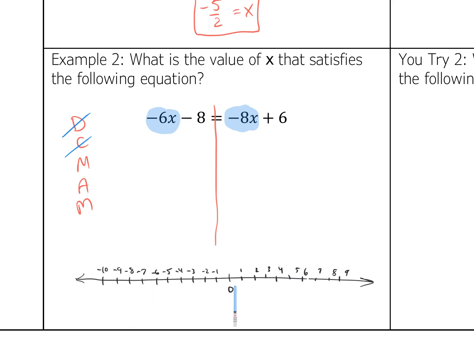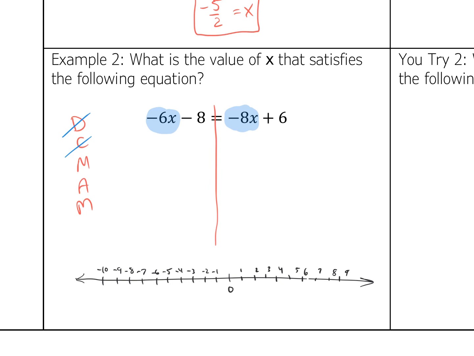So I drew this number line really quick. I have negative 6x and negative 8x. So if I go to negative 6, it's right here. If I go to negative 8, it's right here. So the way that I'm going to identify which one is smaller is by choosing the one that's furthest to the left on the number line. Since negative 8 is furthest to the left, I'm going to move that variable.